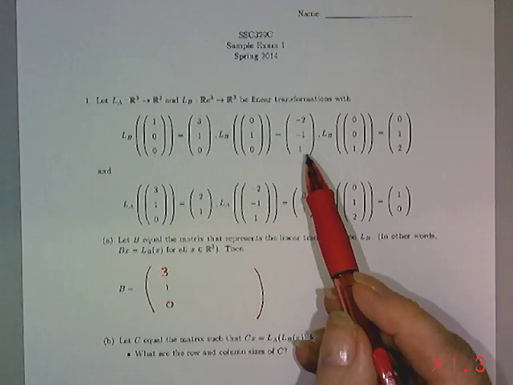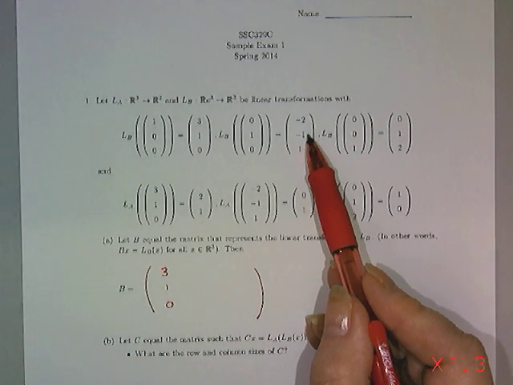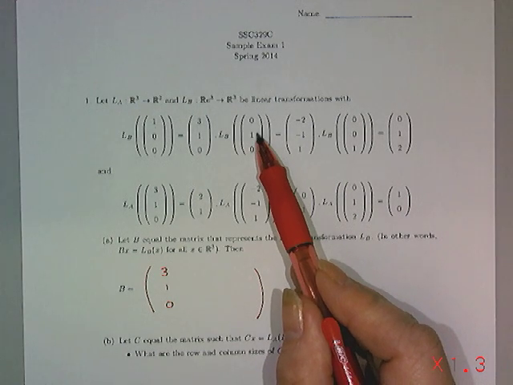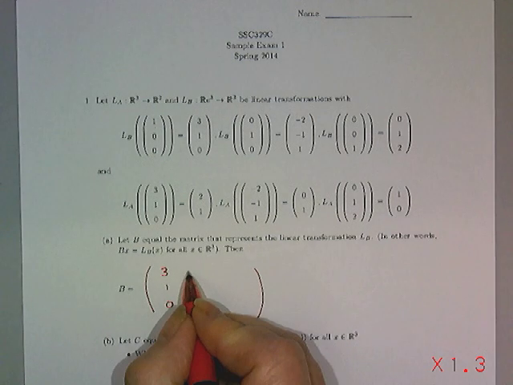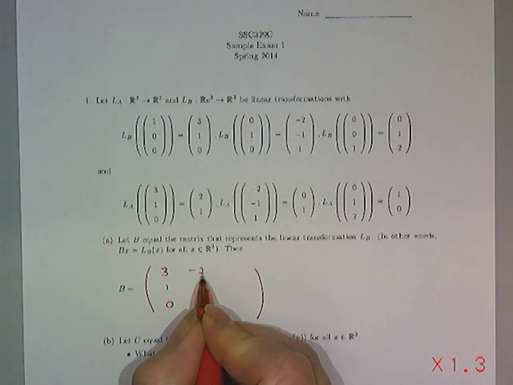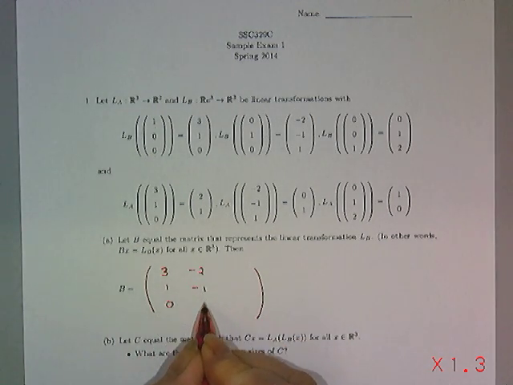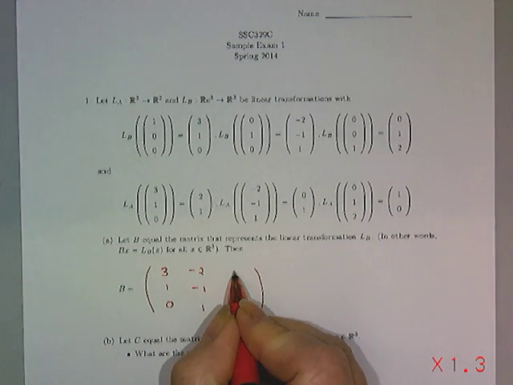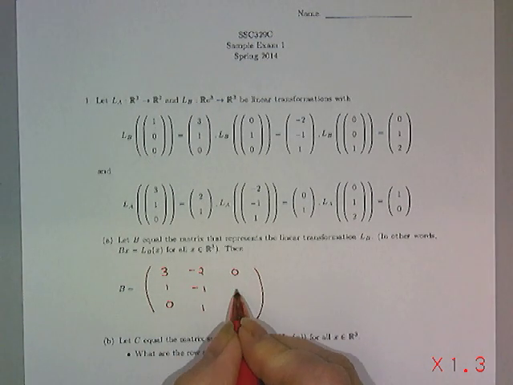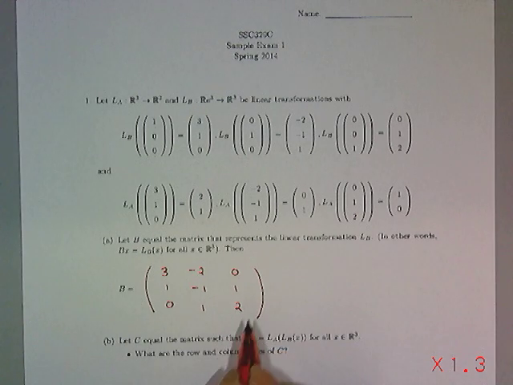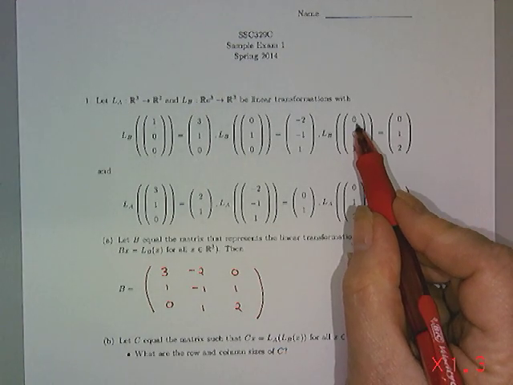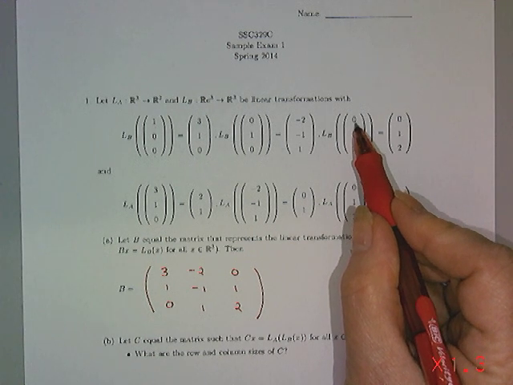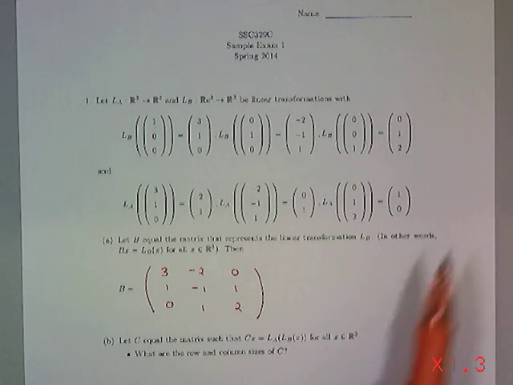The second column is the output when the vector 0, 1, 0 is inputted. So the second column should be negative 2, negative 1, 1. And the last column should be 0, 1, 2, since that's the output when we input the unit basis vector 0, 0, 1.